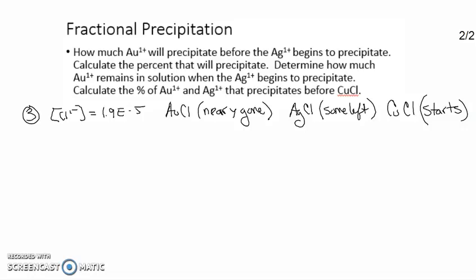So we would want to determine how much Au is left in the solution and how much Ag is left in the solution. This implies two Ksp calculations, one for the gold and one for the silver.